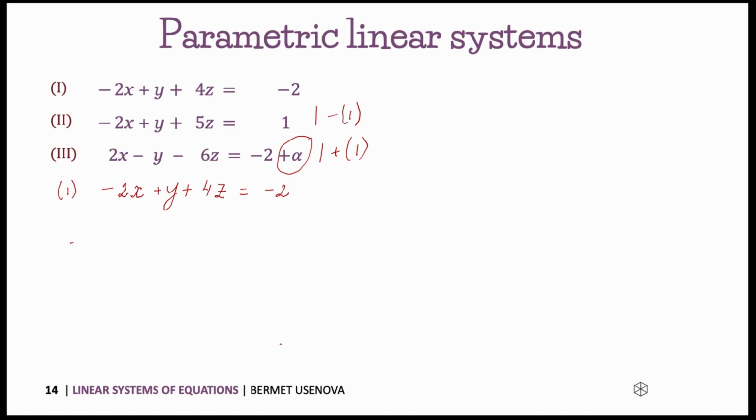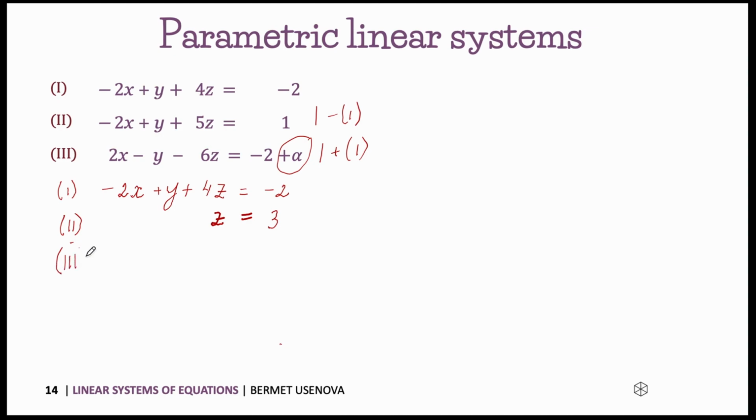Second equation, we add first and the second one, so we get rid of 2x. We get rid of y as well, and 5z minus 4z will give us z equals to 1 minus minus 2, which just gives us plus, will be 3. And this was the second equation.